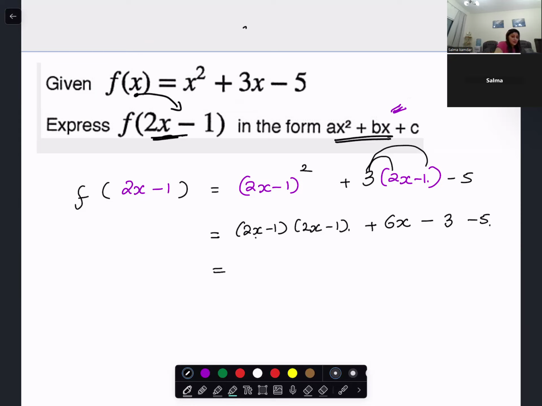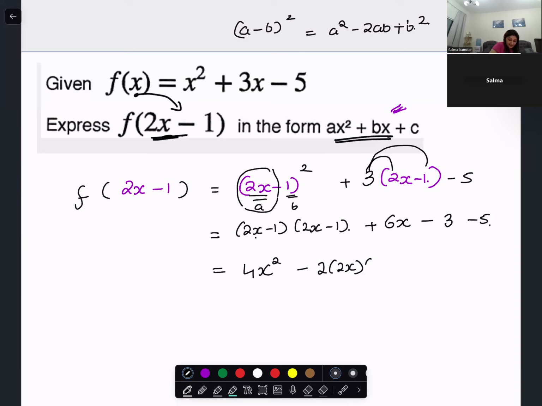If you use the formula, a minus b the whole square is equal to a square minus 2ab plus b square. So this is a and this is b. So I will say a square, that means 2 square is 4x square minus 2ab plus b square.